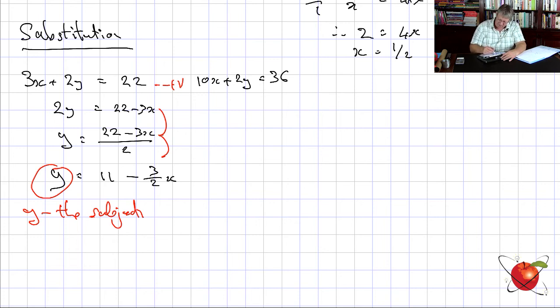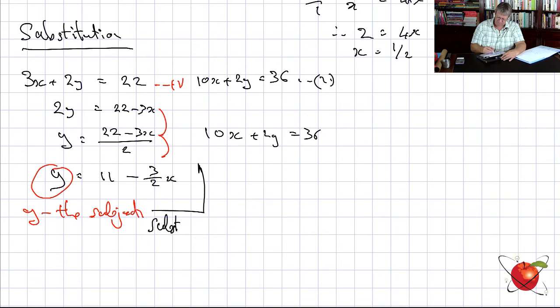So I can go back to my original equation number 2. Remember, this is number 2, right? I now take this one and I substitute into the other equation.